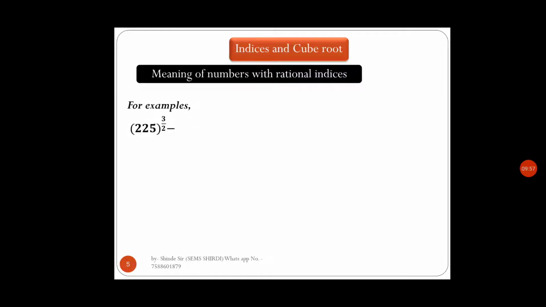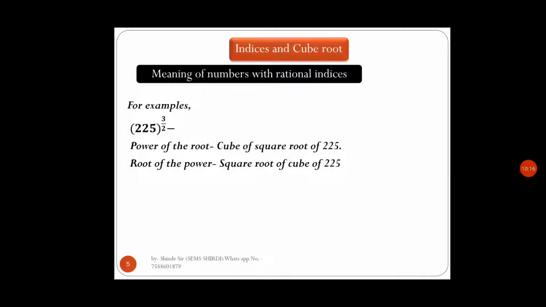Power means the numerator is the power, here 3 means cube, and the denominator 2 means square root. In the first way, power of the root, it is the cube of the square root of 225, or in root of the power, it is the square root of the cube of 225.